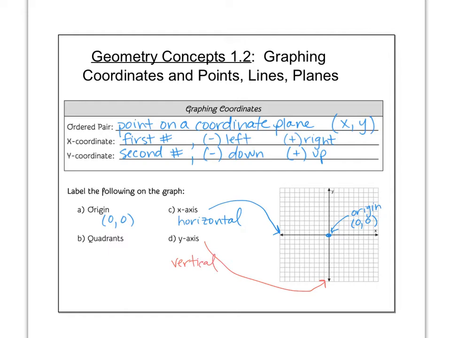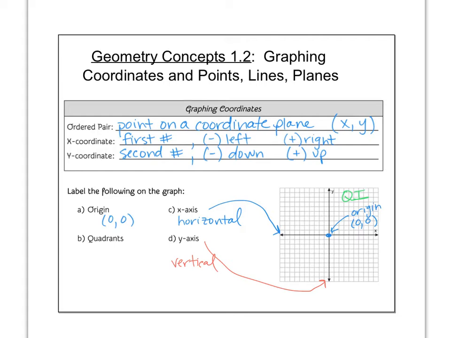And then lastly, we have quadrants. You can see a coordinate plane is divided into 4 quadrants. Guess where quadrant 1 is? Quadrant 1, and we'll use a Roman numeral 1, which looks like a capital I, is in the top right. It's because x and y numbers are positive in that quadrant.